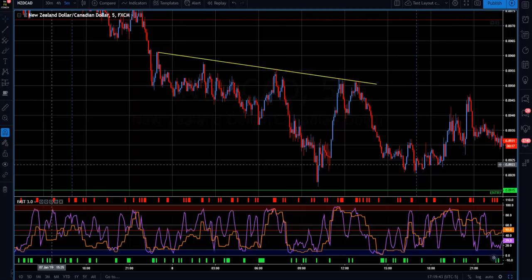You can track that in the indicator field as well, and you'll notice something with these hits.